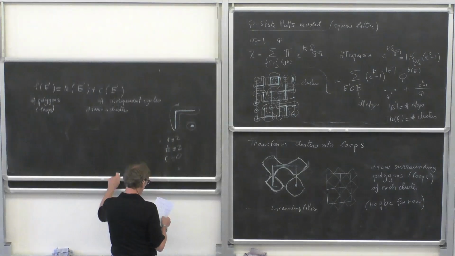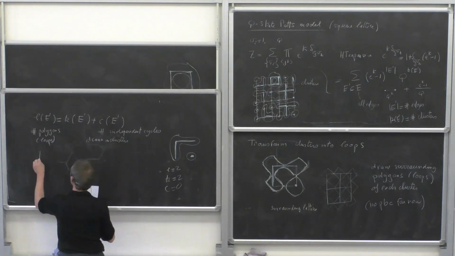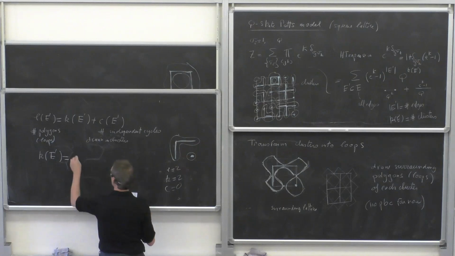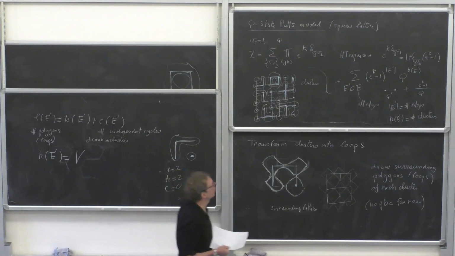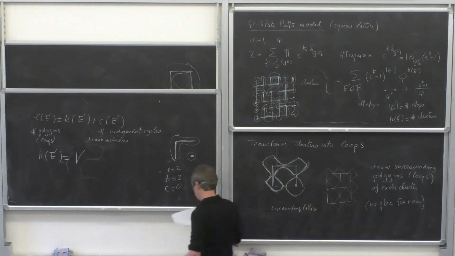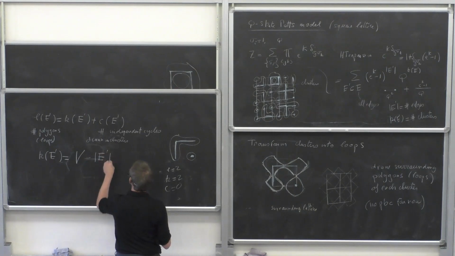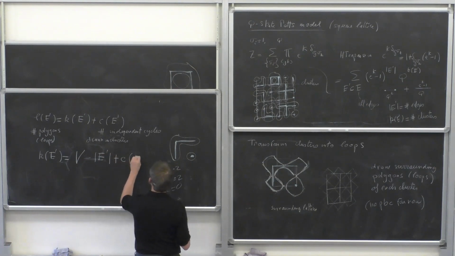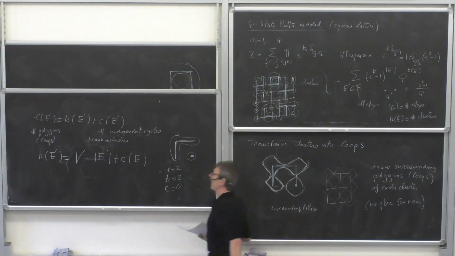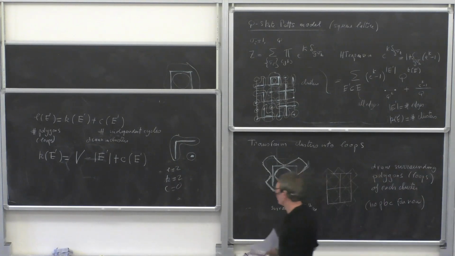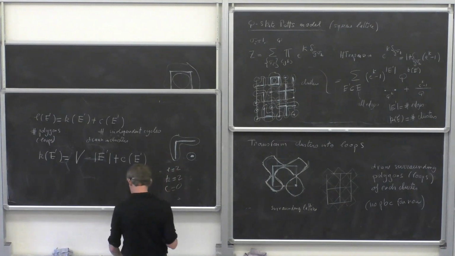Relationship number 2 that I also need, it's that the number of clusters is equal to the total number of vertices of the graph minus the number of edges plus the number of cycles. You may think that this is related with the Euler's relation, and of course you would be right.